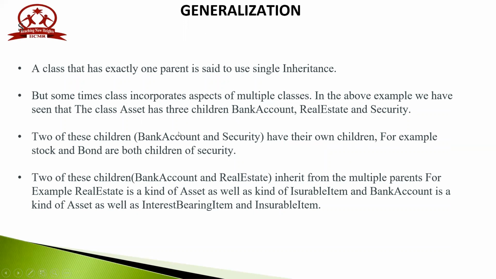Two of these children, bank account and security, have their own children; security has stock and bond. Two of these children, bank account and real estate, inherit from multiple parents. For example, real estate is a kind of asset as well as a kind of insurable item, and bank account is a kind of asset as well as an interest bearing item and insurable item.